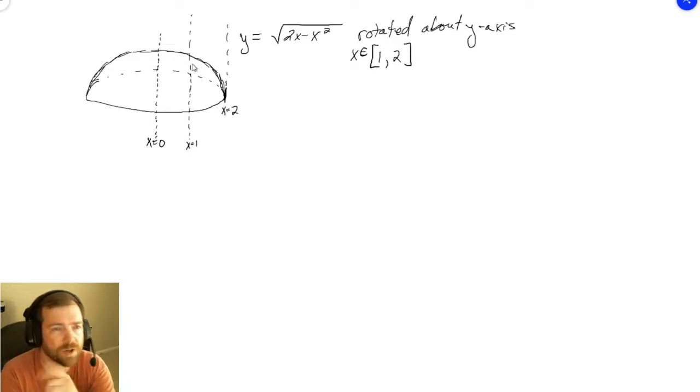So the actual shape itself is made up of this quarter circle, which goes from x equals 1 to x equals 2. And then this creates a hole in the center of our lampshade here.